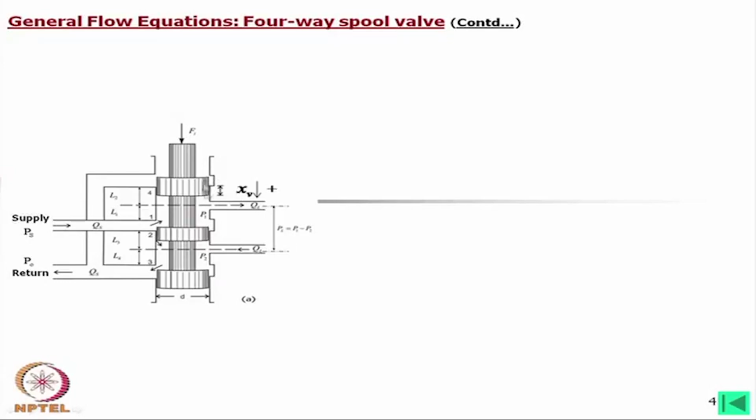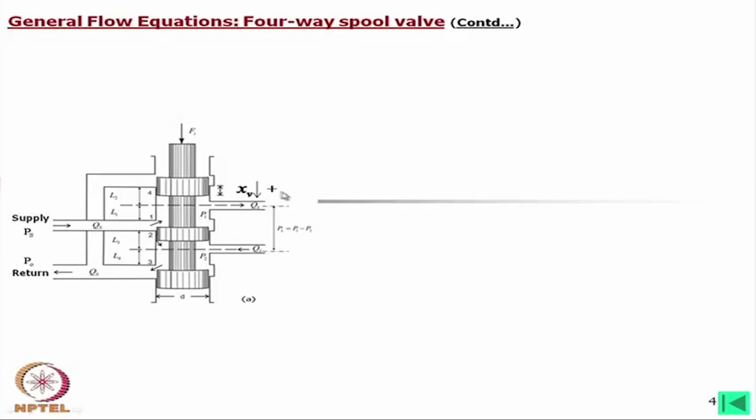if it is the overlap valve, I have perhaps discussed sometime which is overlap. If the land width is more than the port width, then it will be overlap. Now, in case of overlap, usually you will find the middle position of the land is matching with the middle position of the port.